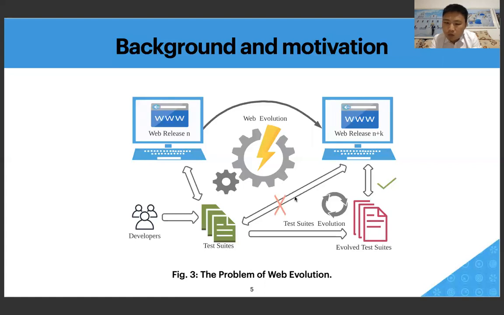So these broken test cases need to evolve to correspond to web release 2. Then they can work well for web release 2. Our goal is to generate the evolved test suites by repairing the broken actions.